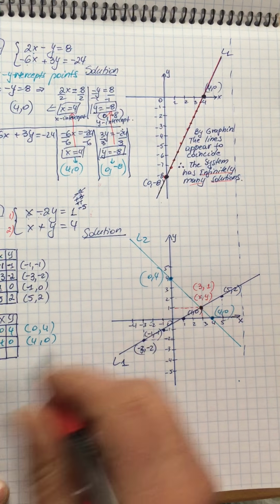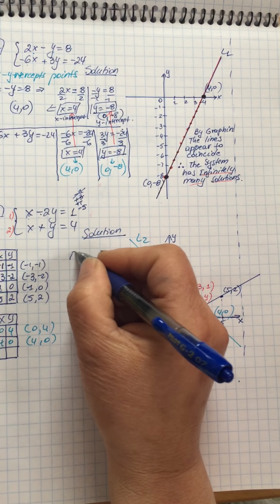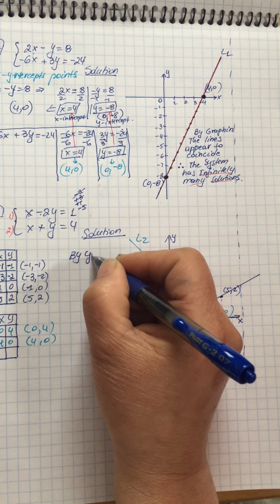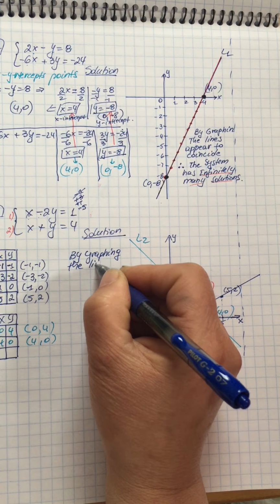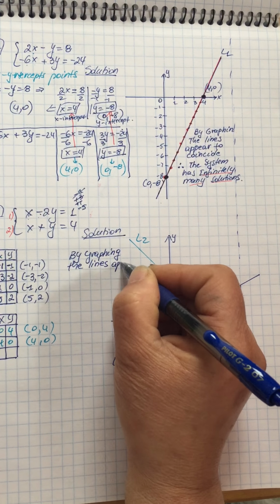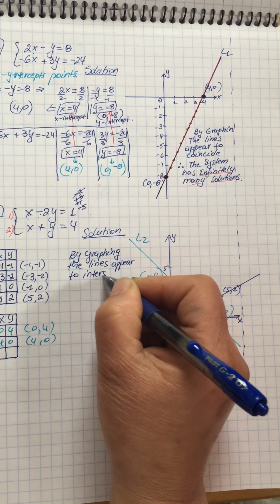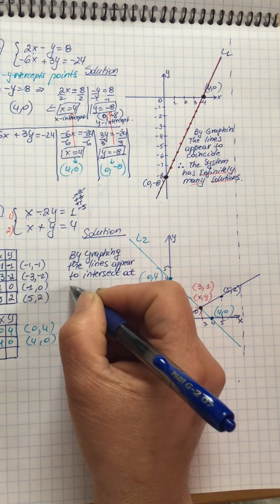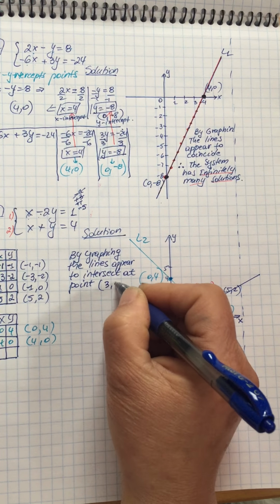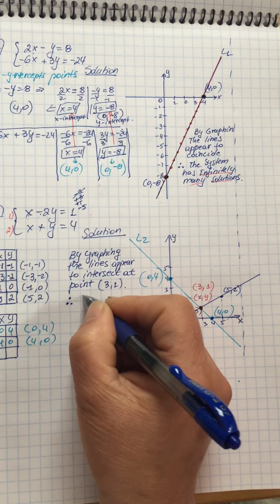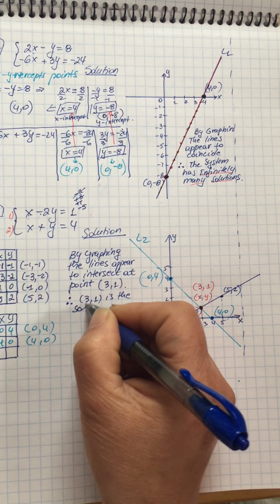And now I declare that by graphing, the lines appear to intersect each other at point 3, 1. Therefore, 3, 1 is the solution of the system.